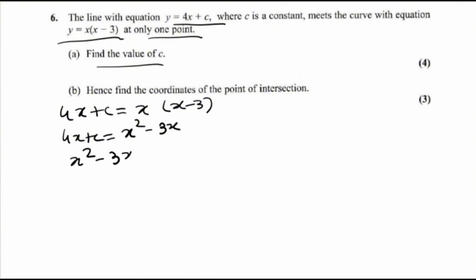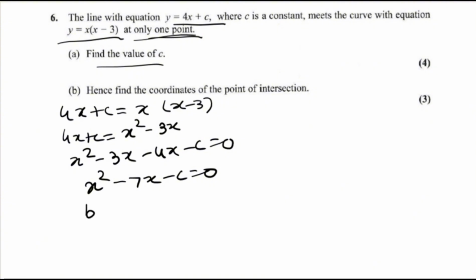x squared minus 3x minus 4x minus c is equal to 0. I moved everything to one side to write equal to 0 because we will have to solve it. x squared minus 7x minus c equal to 0. Now here also it's intersecting at one point, meaning b squared minus 4ac is equal to 0. What's our b?